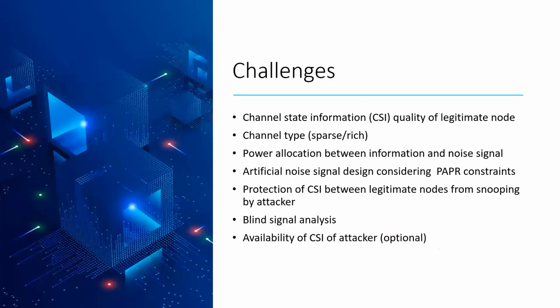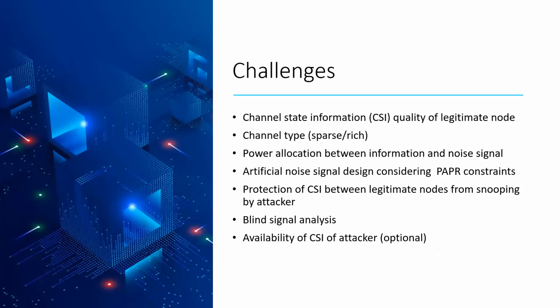Finally, what are the challenges? As I explained earlier, we need channel state information of the legitimate node. Its quality is important. Then the design of the signal in sparse and rich environments is also different. For example, in the rich environment, as I explained earlier, we can exploit the null space of the channel.